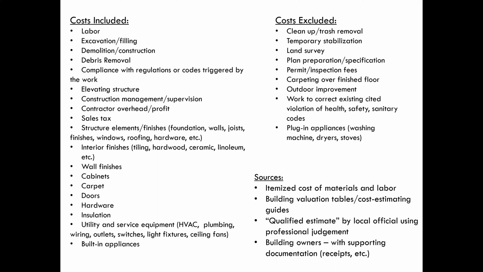And then the building owners. This is the least reliable because they're not objective to the situation, but they would have to provide documentation that backs up what they're saying the cost of repairs is, so receipts and things like that. You don't want to take their word for it. You need some kind of documentation from them.